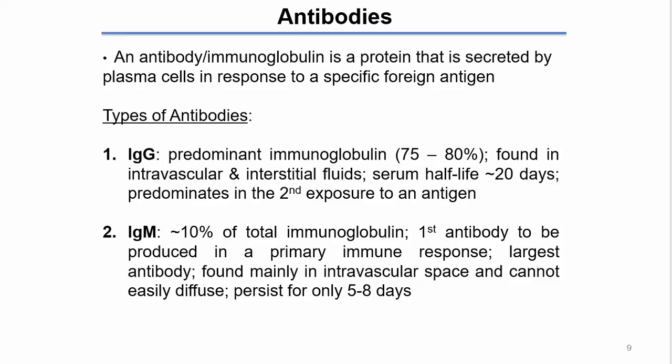When the B lymphocytes and the memory cells are activated and they clone and turn into plasma cells, this is what's getting put out predominantly, IgGs. They have a half-life of about 3 weeks, someplace around 20 days.